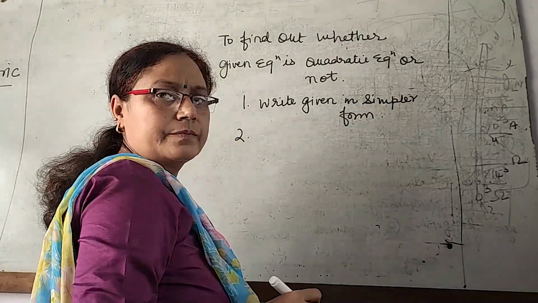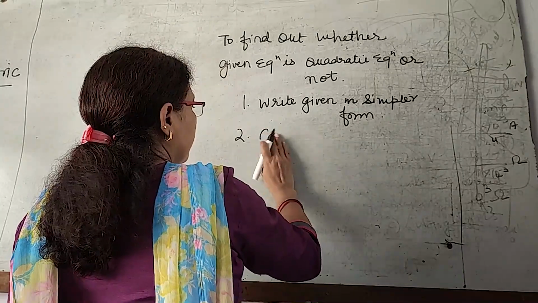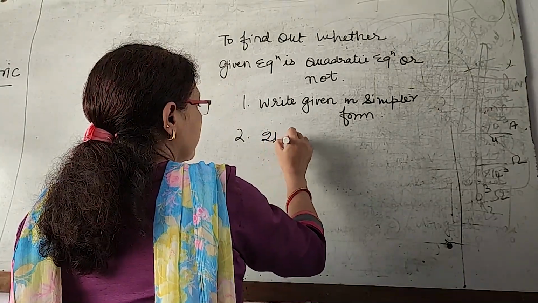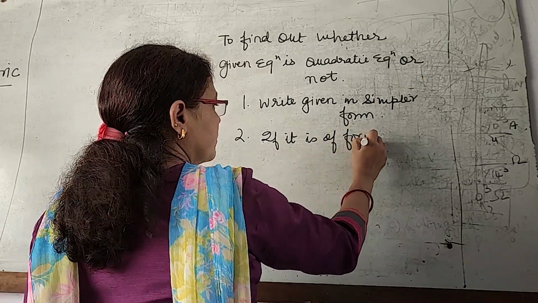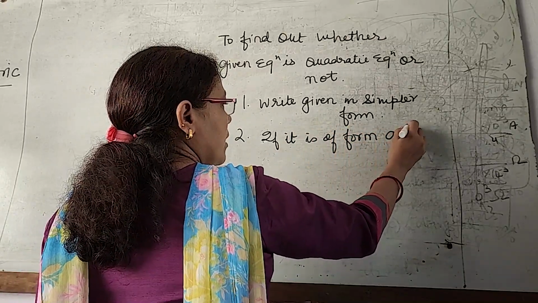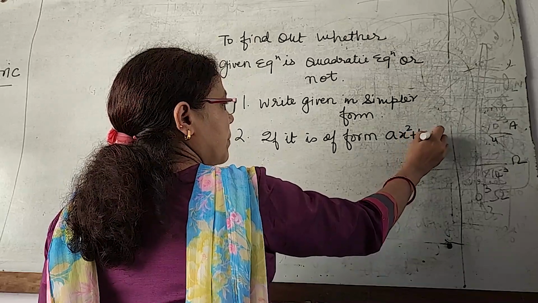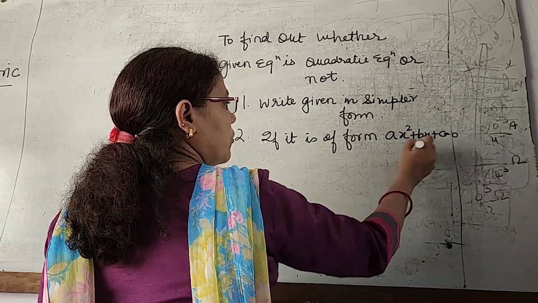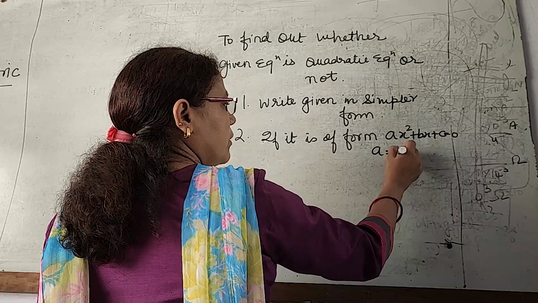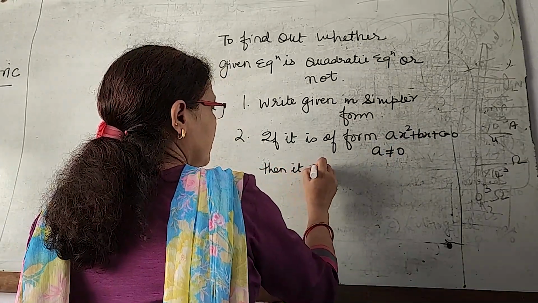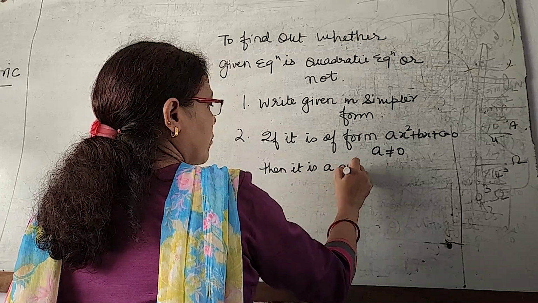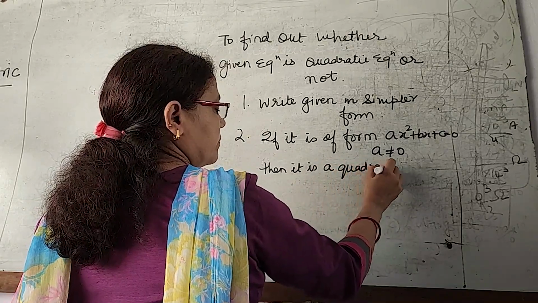Second, if it is of the form ax square plus bx plus c equal to 0, where a not equal to 0, then it is a quadratic equation.